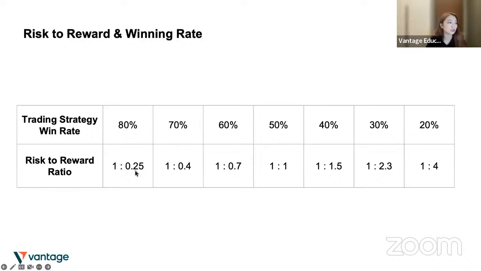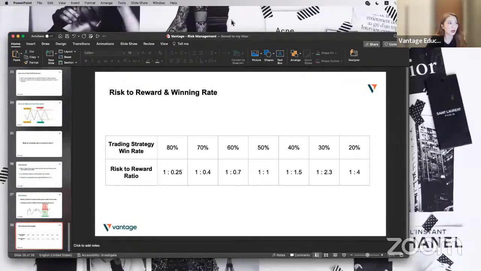For you to risk so much just for 0.25 and so on. Then we are looking at a 40% win rate. It will be great if you are able to identify a pattern or any way that helps you with the preserving of capital. So we have come to the end of the slideshow.